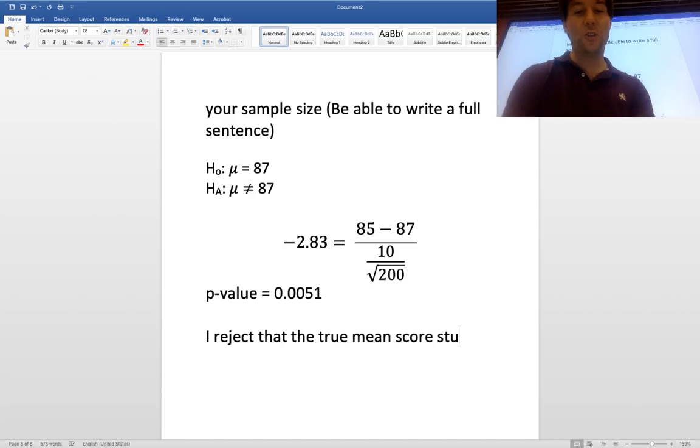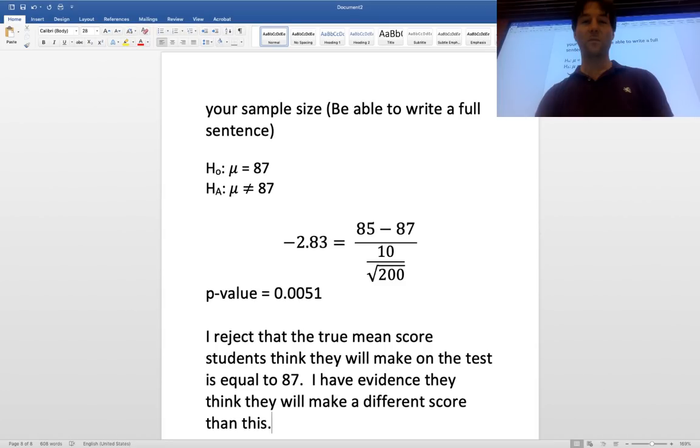I have evidence they think they will make a different score than this. I've pretty much said the same thing, right? I reject the null that the true mean score students think they'll make on the test is an 87. I have evidence for the alternative that the true mean score they think they make on the test is different than 87. Well, that pretty much does this chapter.